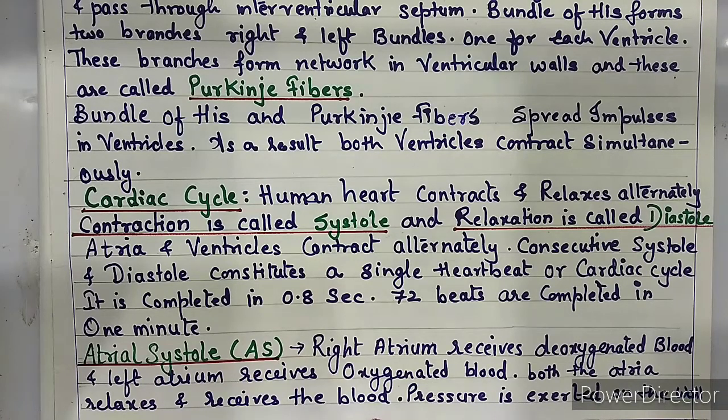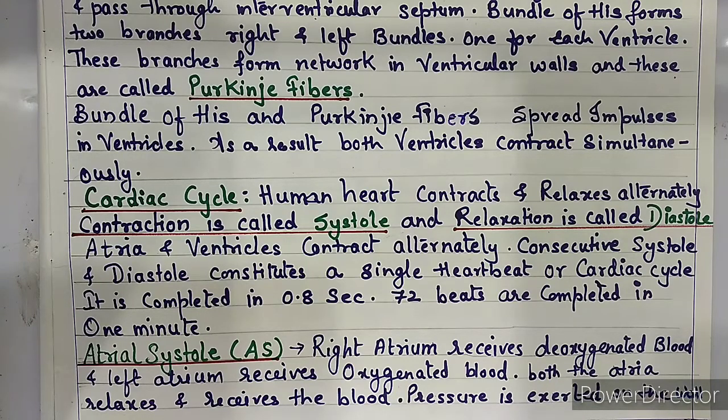Remember one thing: when the heart muscles relax, R for relax, they always receive, R for receive. The right atrium relaxes and receives the deoxygenated blood through the superior and inferior vena cava, and the left atrium relaxes and receives the oxygenated blood through the 4 pulmonary veins.